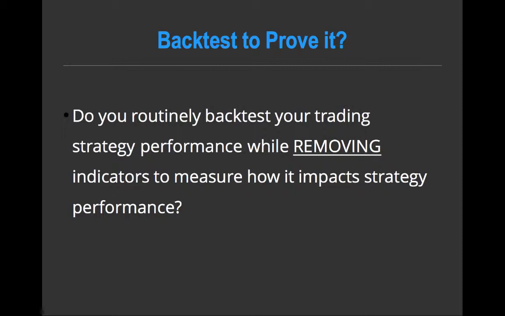Essentially, you're measuring the effectiveness of each one of the indicators that you have. Now, obviously, if you have only two moving averages and you trade a moving average crossover, all of a sudden you don't even have a signal.